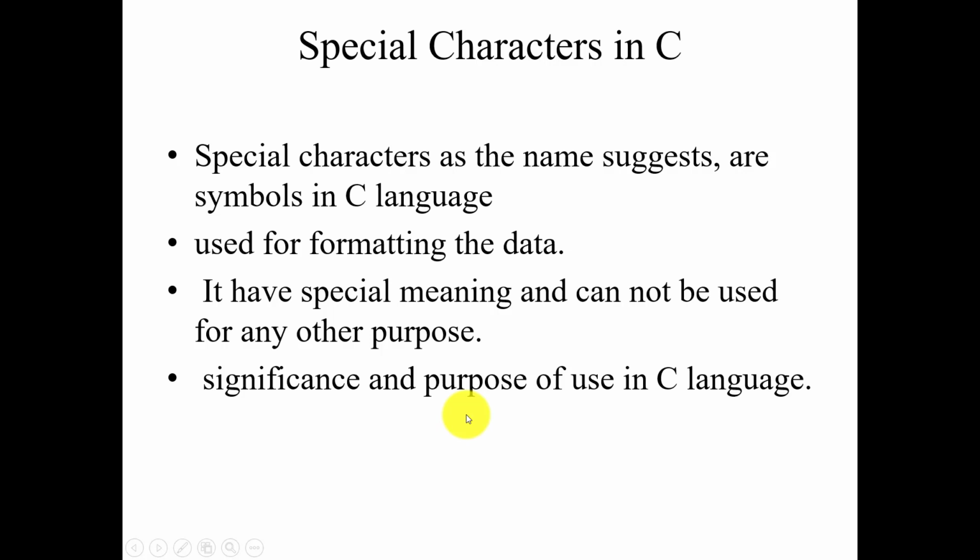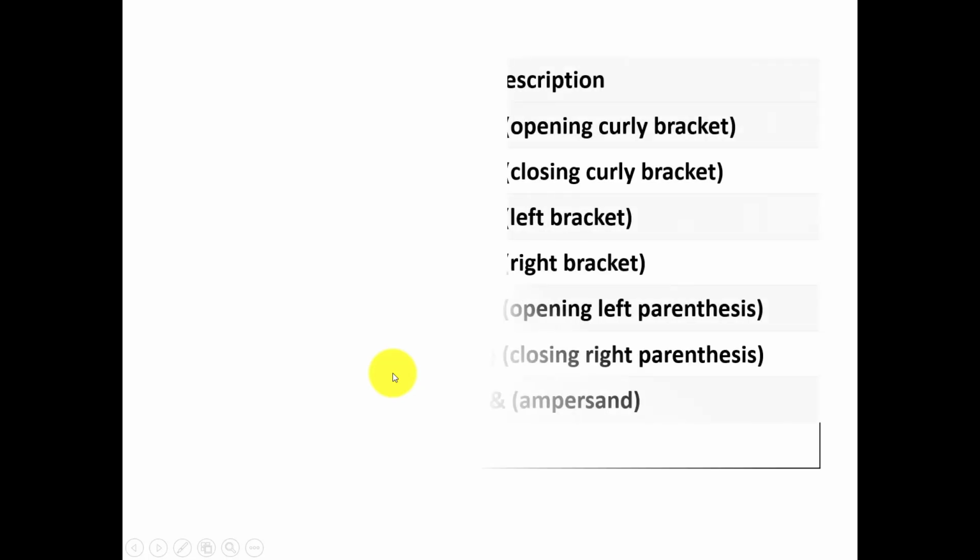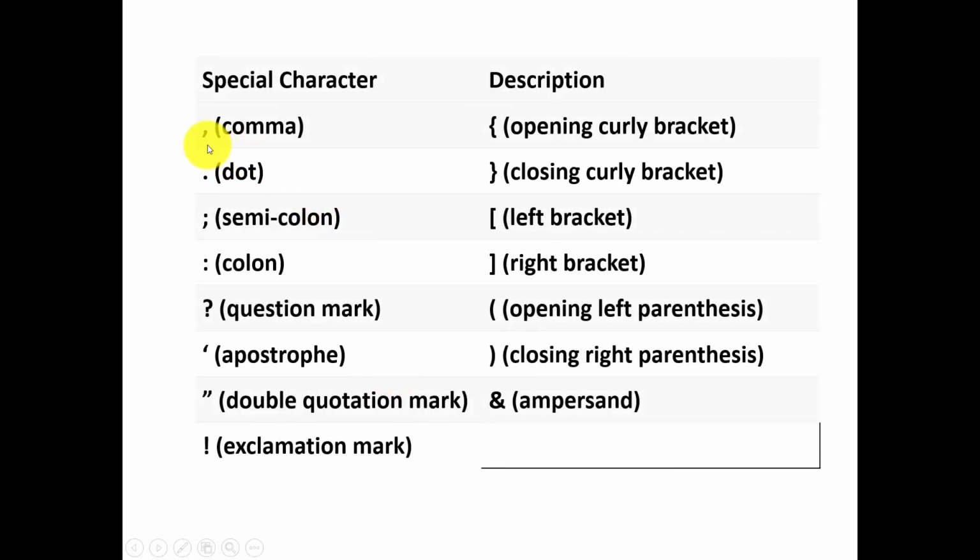Let's see some examples: comma, dot, semicolon, colon, question mark, single quote, double quote, exclamation mark, opening curly bracket, square opening and closing brackets, round opening and closing brackets, ampersand. These all come under special characters, having special significance and purpose. That's why they are called special characters.